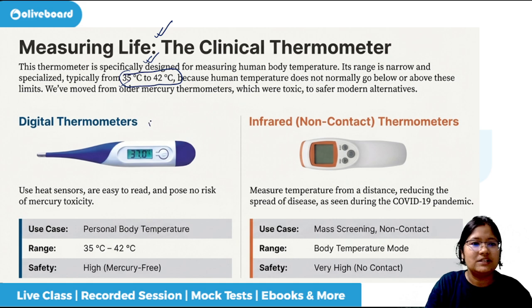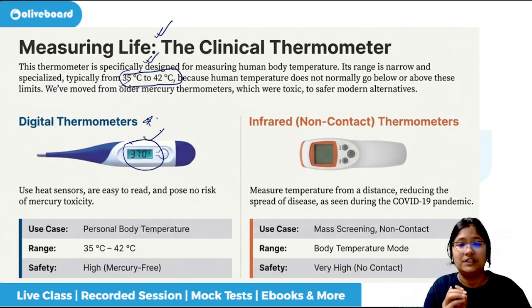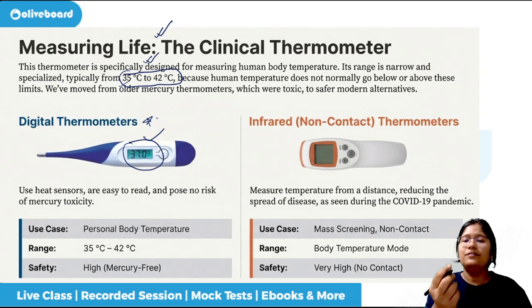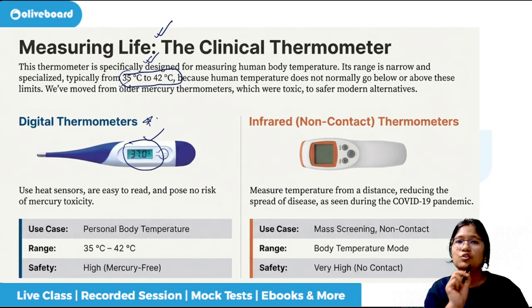Look at this digital thermometer. There is a reading which clearly indicates the number which we need to simply read. But with the old mercury thermometers, if you have them in your home, the mercury used to rise, and we have to see which mark it has reached, and based on that we know what the fever is.